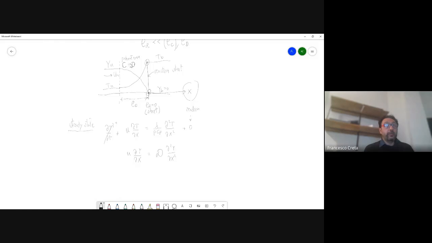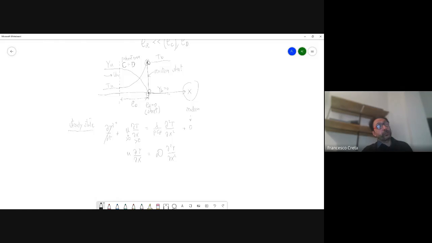So this quantity here, u, is positive. Also, the gradient of temperature is positive because in the preheat zone there is an increase in temperature, clearly, because we said that the reaction zone actually is a source of temperature.